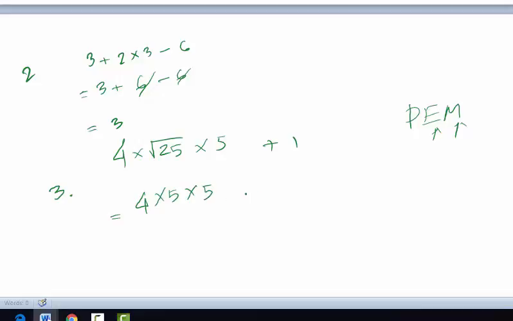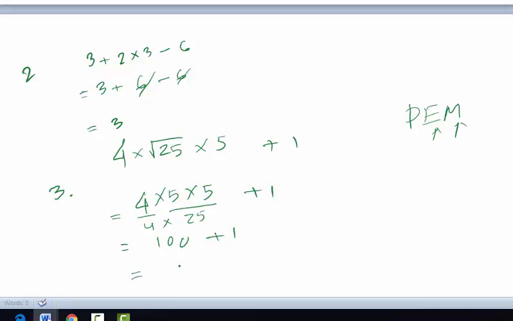So 4 times 5 times 5 plus 1. Now we can see that addition comes after multiplication, so we have to multiply all these numbers. So 5 times 5 is 25, times 4 is 100, then comes 1.